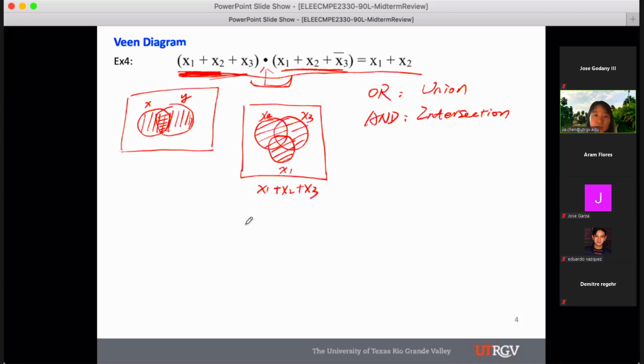And now let's look at the second one. Usually you use 1 Venn diagram, 1 plot, to represent 1 term, so it's clearer. Now let's find x1 plus x2 plus x3 not.